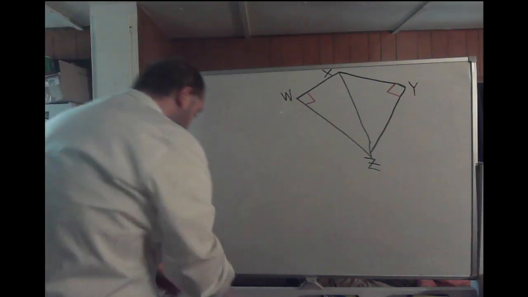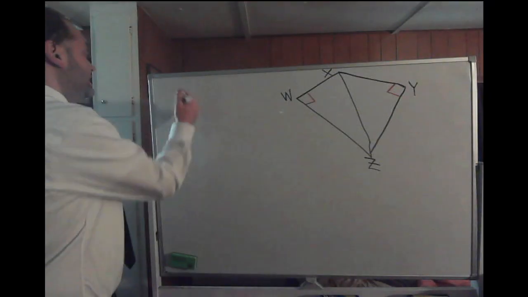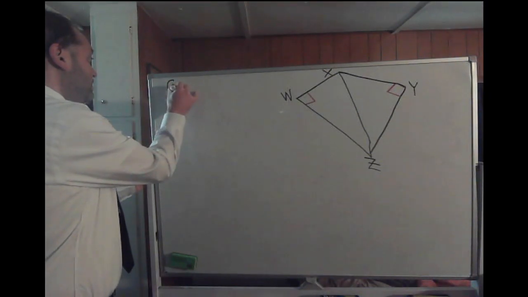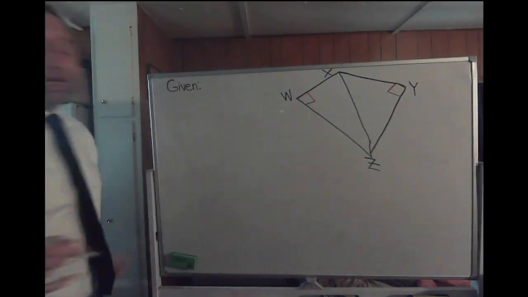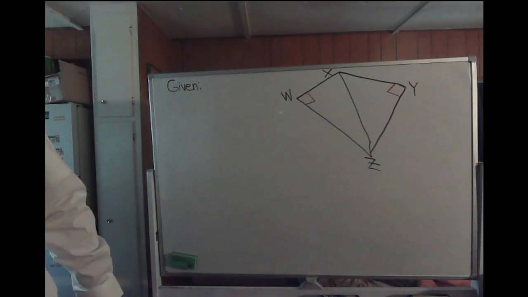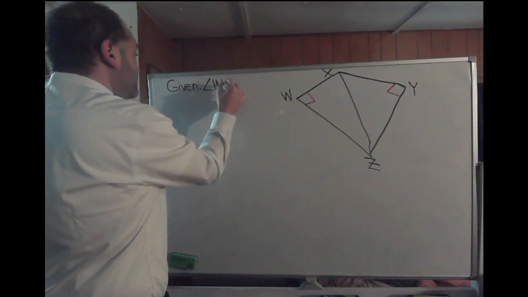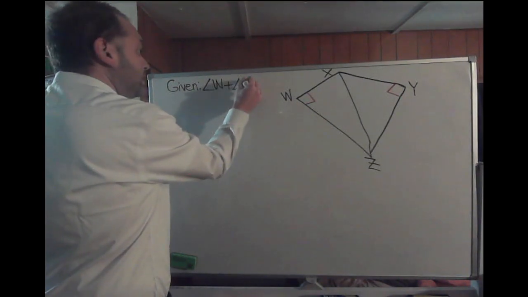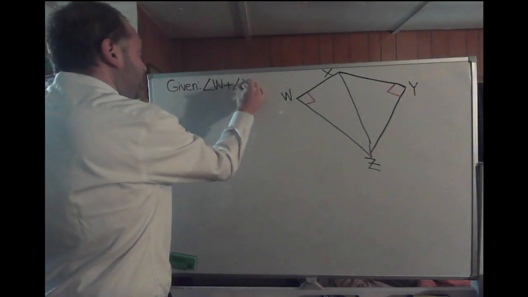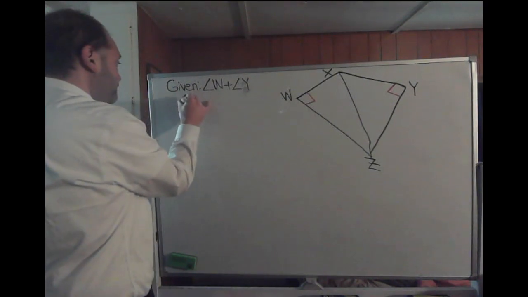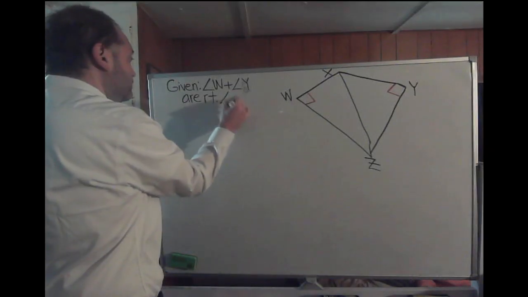Alright, so what are we going to prove today? What are we given? So, in this particular case, we're given that angle W and angle Y are right angles.